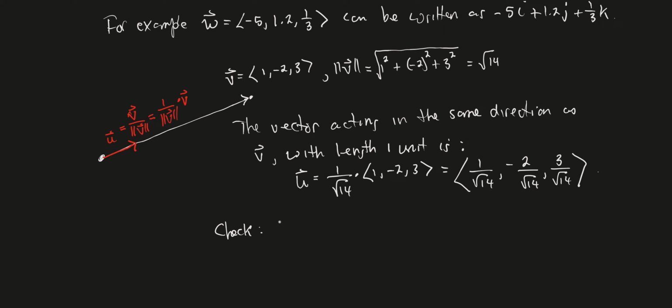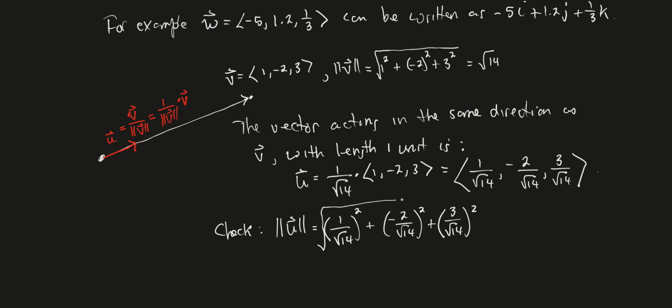Check. So if I look at its magnitude, what do I have to do? I have to square each of these components and add them together. So it's going to be 1 over root 14 squared plus negative 2 over root 14 squared plus 3 over root 14 squared.